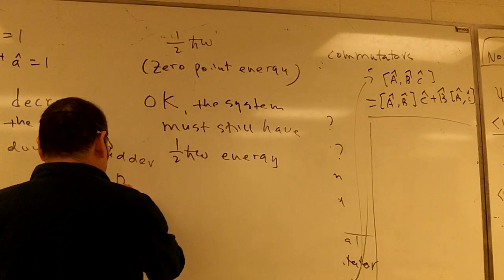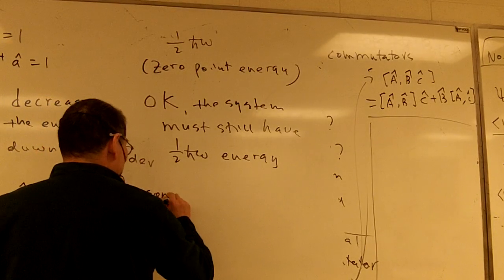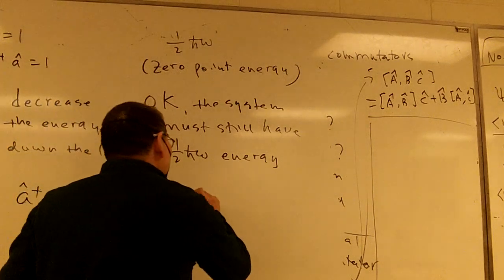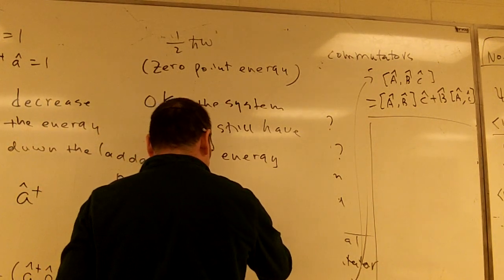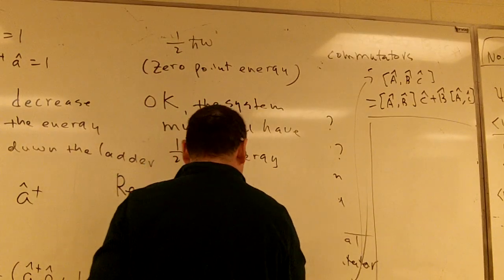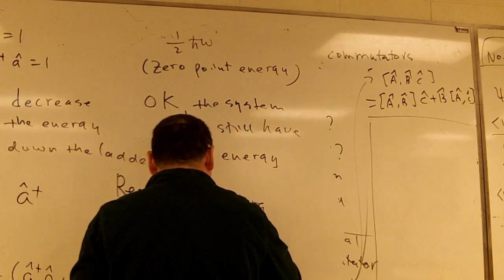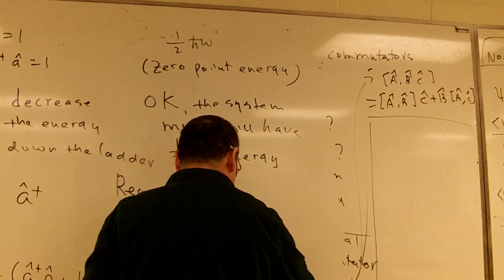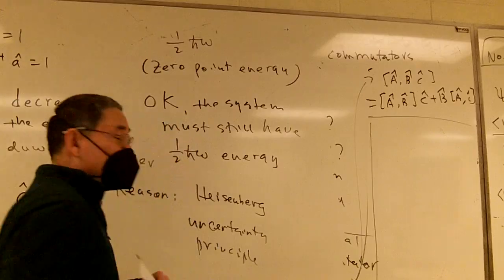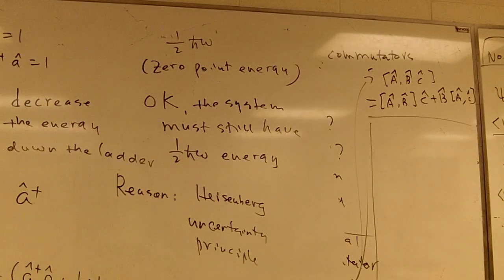What's the reason? Why have we already cooled down to 0 temperature, but it's telling me you still have some energy? Here's the reason. This is the Heisenberg uncertainty principle.